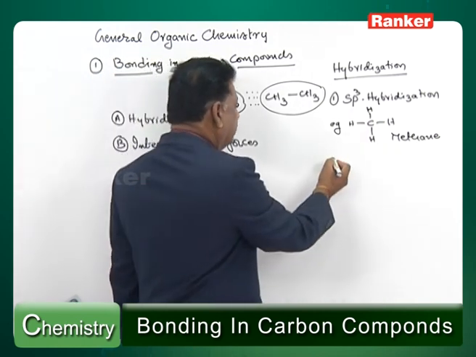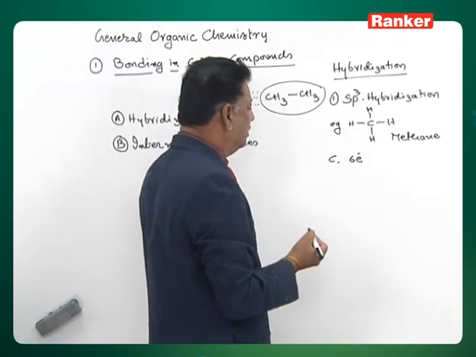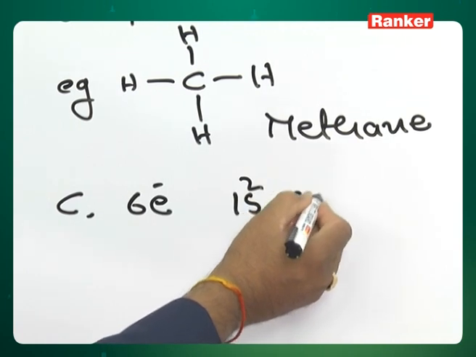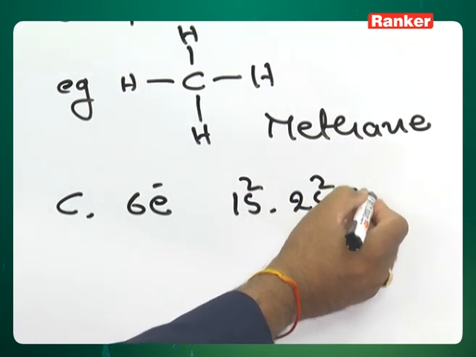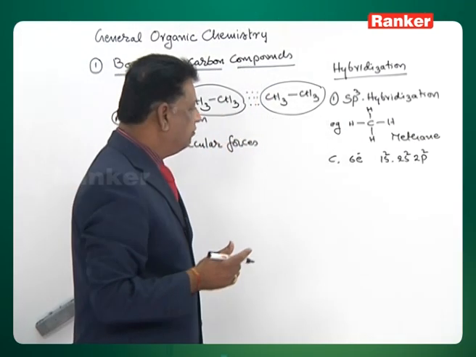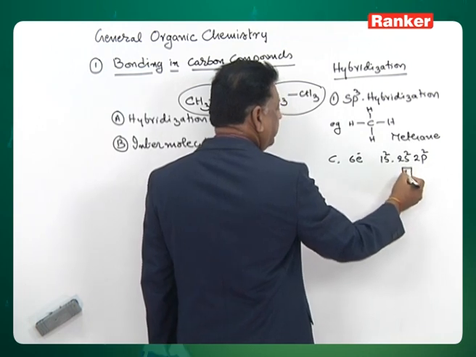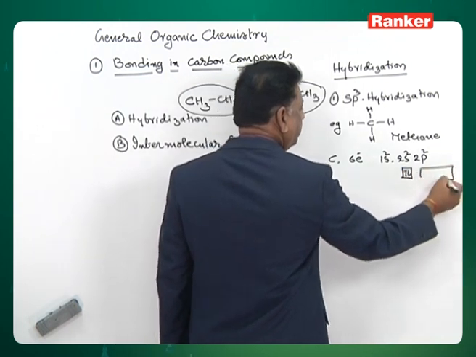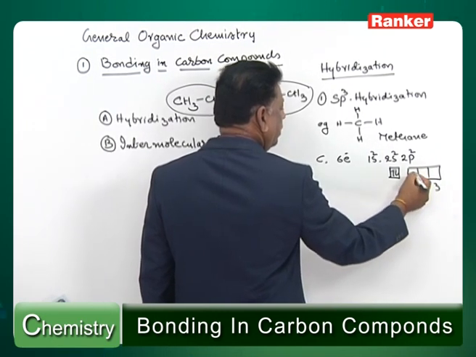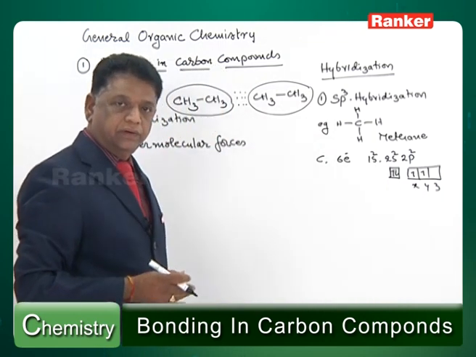So, carbon has 6 electrons. These 6 electrons are arranged in the 1s2, 2s2, 2p2 electronic configuration. However, if you carefully observe, the 2s2 electrons are paired up, whereas in px, py, pz only 2 electrons are unpaired.